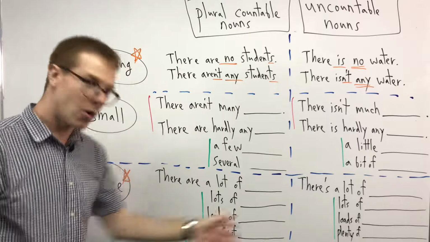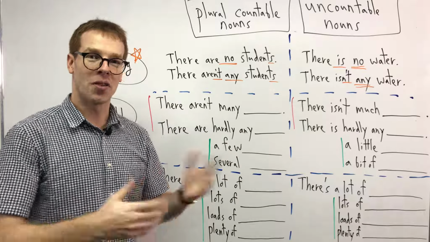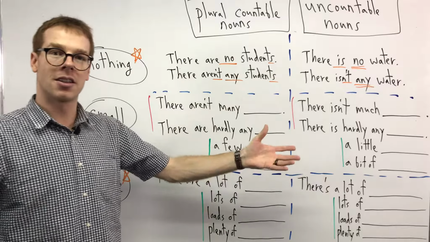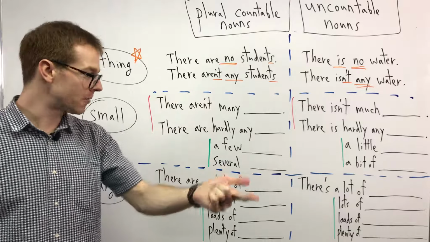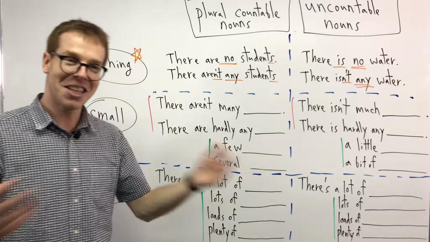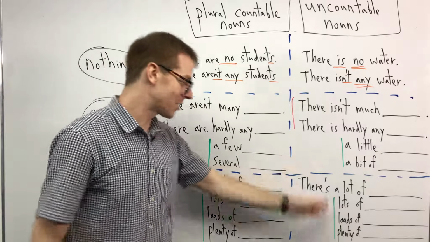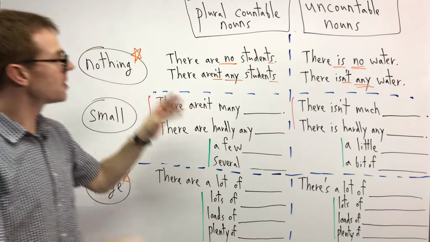There are loads of students. There are plenty of students. All of those things mean a big amount. Same for here. There's a lot of water. There's lots of water. There's loads of water. There's plenty of water. Those are also a large amount. So I hope you can see this difference here.